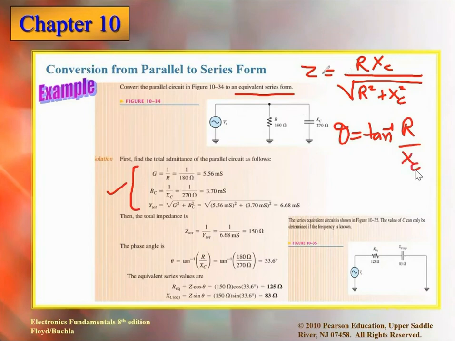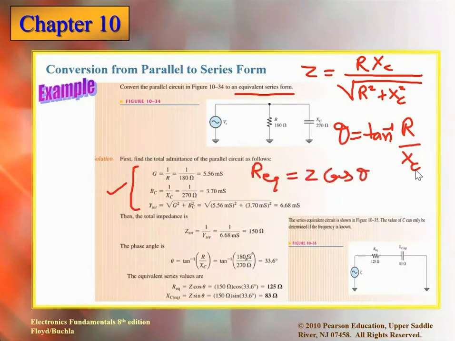So now you can directly calculate this way, or you can calculate the other way. Which one is easier? I think this one is easier. You can just quickly put in the values and calculate Z and theta rather than calculating G, B, C, and all. Once you get that, I need to calculate R equivalent, which is Z cos theta.